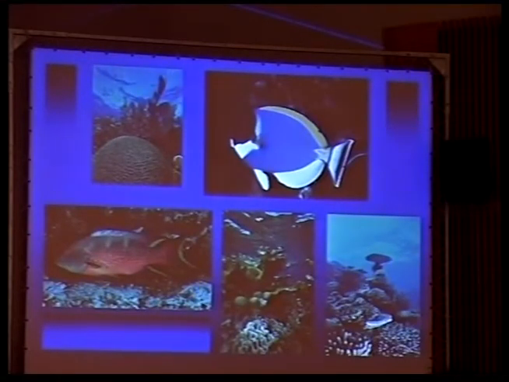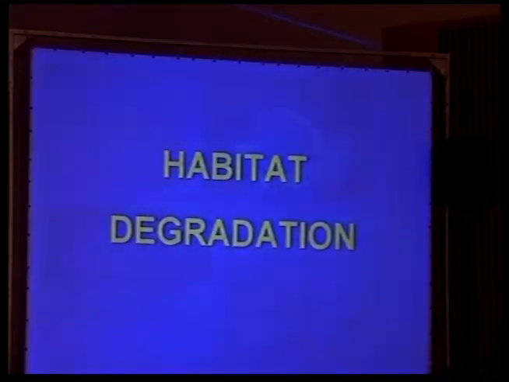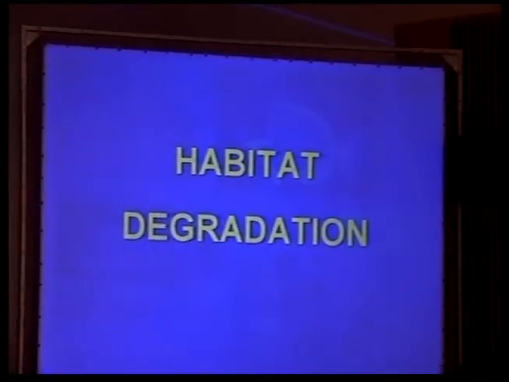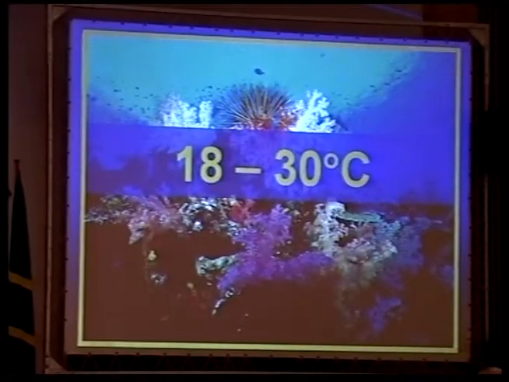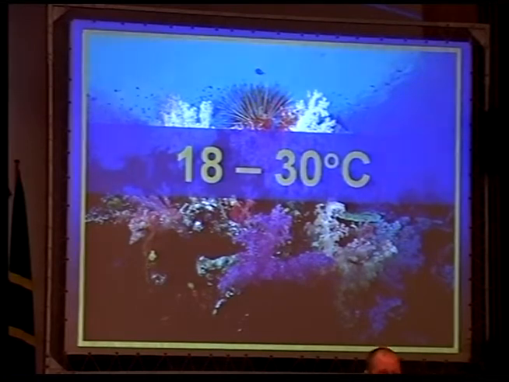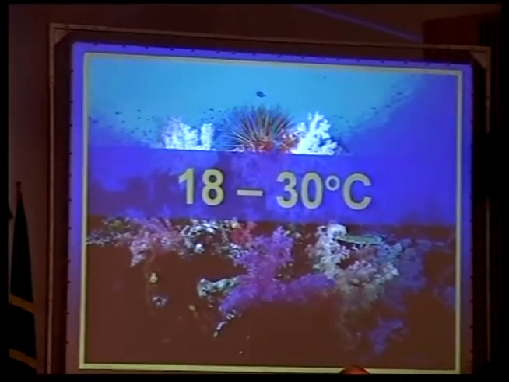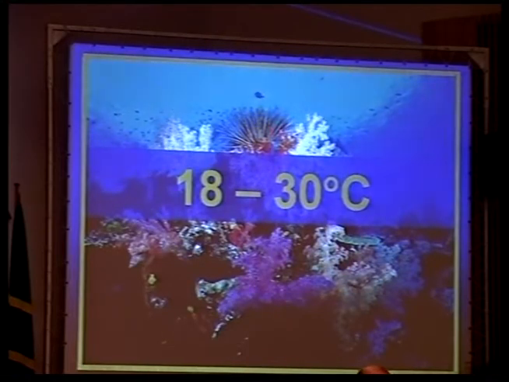So if we have all these interactions, which will be the main theme of this talk, what happens if it's all degraded? What happens if the habitat is altered? And then we get into the global warming issue. As all of you know, corals are very sensitive to changes in temperature.